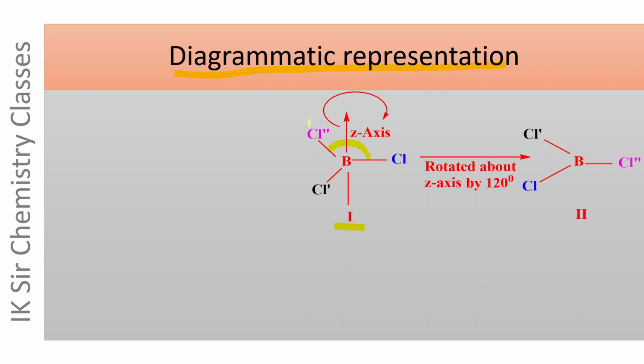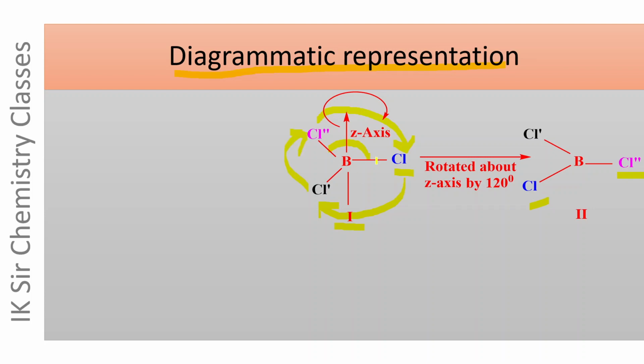If this molecule is rotated about the Z axis by 120 degrees, this Cl double dash atom will come to this position, this Cl atom will come to this position, and this Cl dash atom will come to this position.